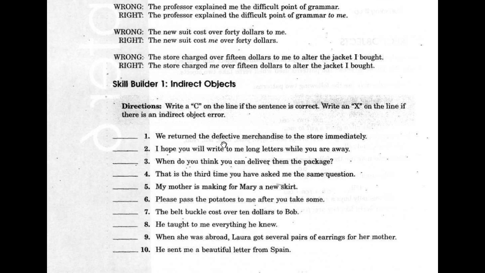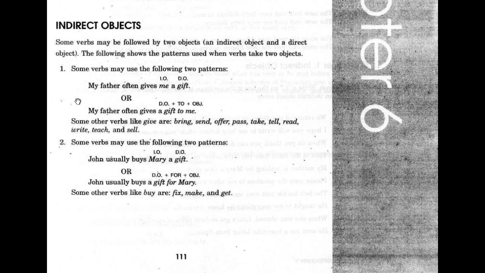We return the defective merchandise to the store immediately. What pattern is that? Let's take a look at the patterns above. We can say that it fits this first pattern, and it's more or less the type of verb.